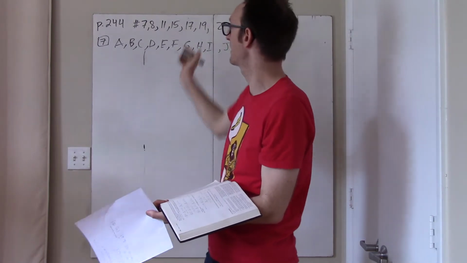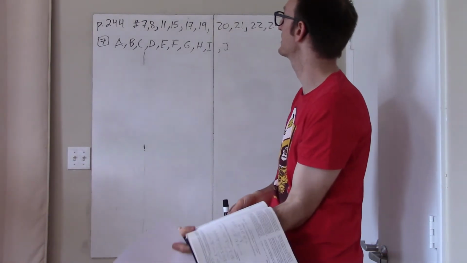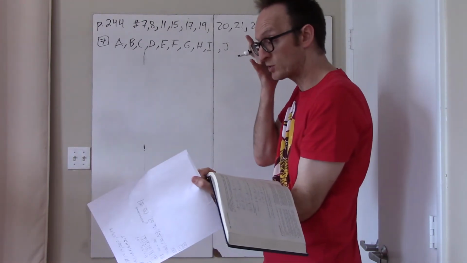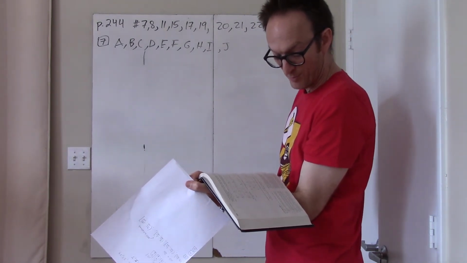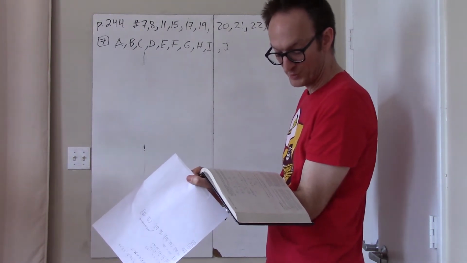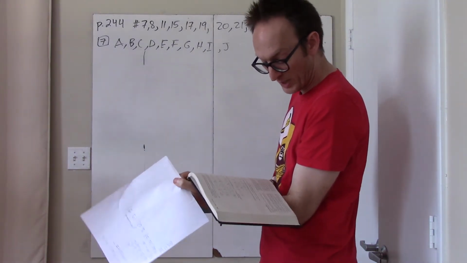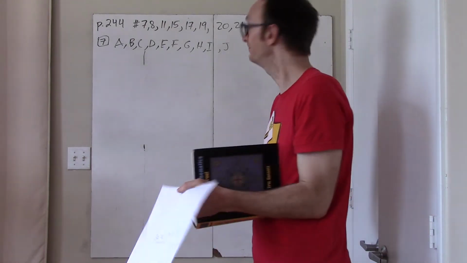So just some string of length... how many letters are these? If you count them, you will see that there are 10 letters here. So make a random string out of these 10 letters, string of length 10. Prove that after removing up to 6 well-chosen letters from the string, the remaining letters will either be in alphabetical order or else will be in reverse alphabetical order.